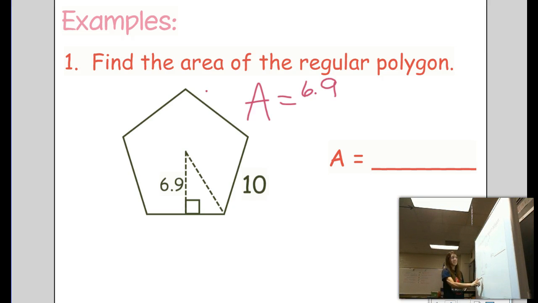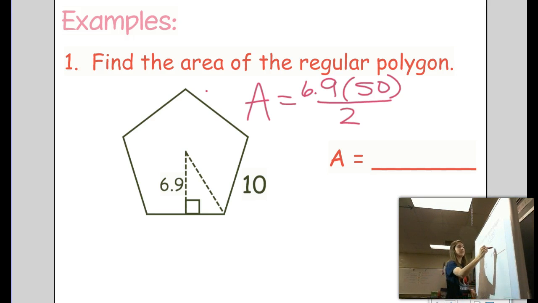And then the formula says divide by 2, or the formula says times 1/2, but I like divide by 2 way better. Okay, final answer, Kendall. 172.5? Is that your final answer?